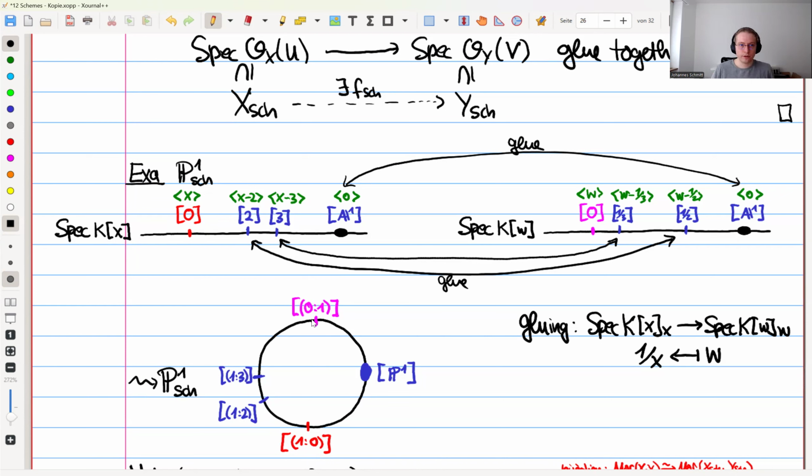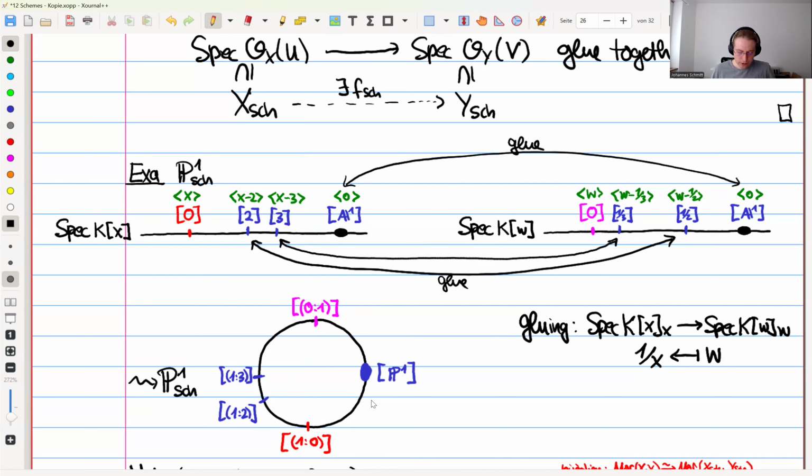And then it has 1 point for the full subset, which is P1. And you can check these recipes exactly line up, because this is the image of these generic points, and all the closed points are also accounted for from this gluing construction. So meditating a bit over this tells you that these 2 ideas of getting the scheme representation give the same answer in this case.